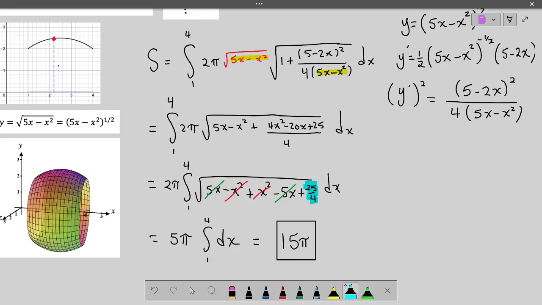So all of this stuff in front cancels, so all we have is the square root of the 25 fourths, right? And the square root of 25 fourths is 5 halves. So that 5 over 2 is coming to the front. The 2's will cancel, the 2's will wipe each other out.